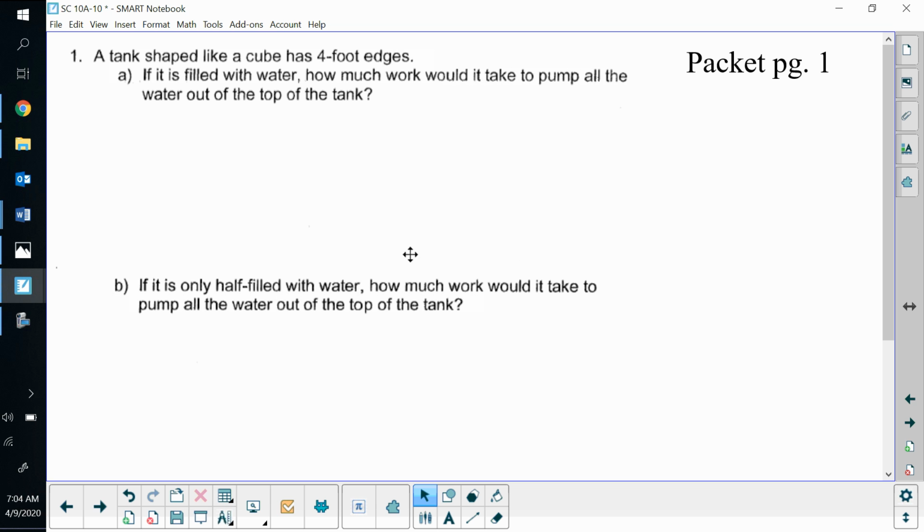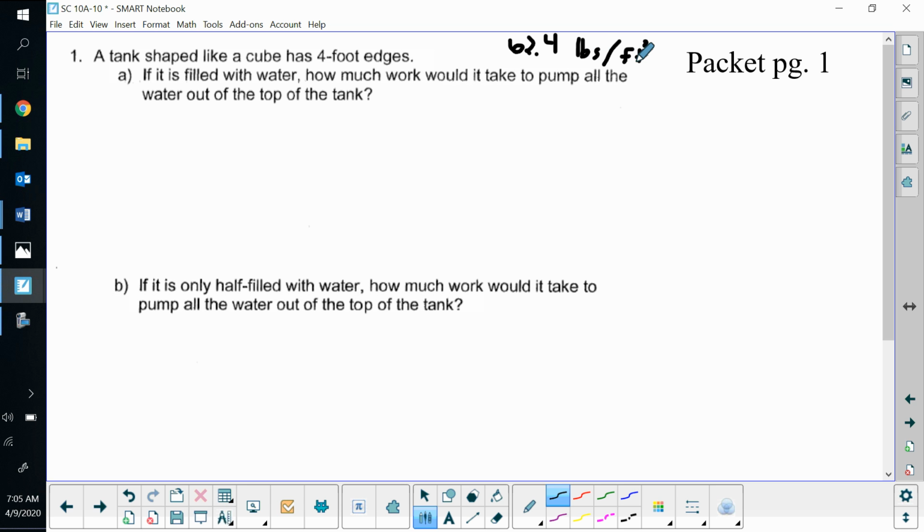Something that's written on the top of packet page 1, if you didn't print it out, is that they give you the density of water. So our first task is to figure out the force that we're working with. Because we have pounds, we are working with US, and pounds is a force measurement.